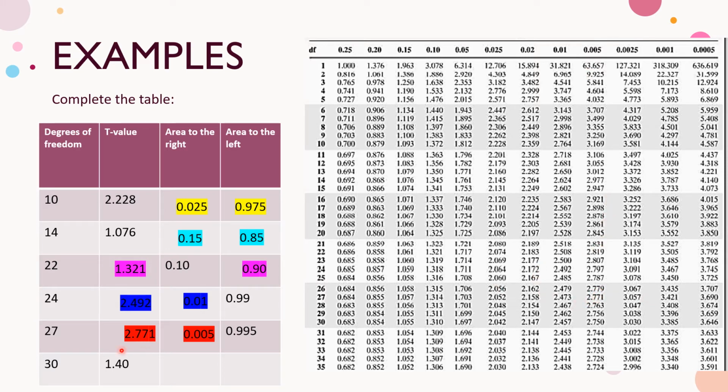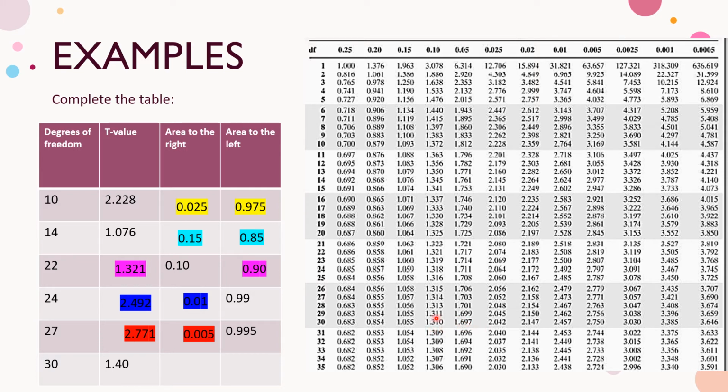Okay, and then finally we have 30 as the degrees of freedom, and then the t value is equal to 1.40. So this is 30 degrees of freedom, and we need to find 1.40 on the t values. However, if we can observe here, this is 1.310, and the next t value is 1.697.